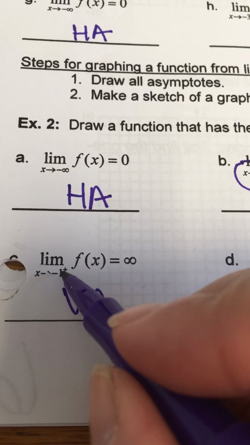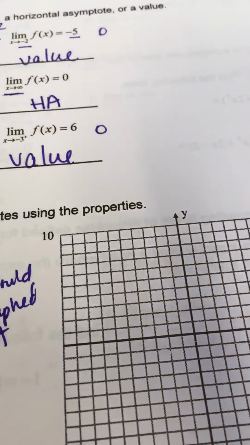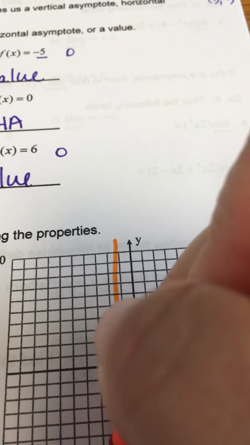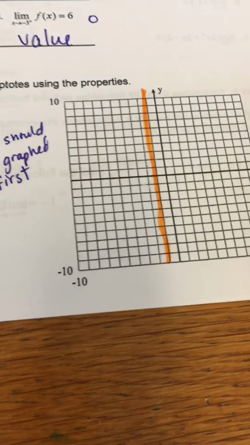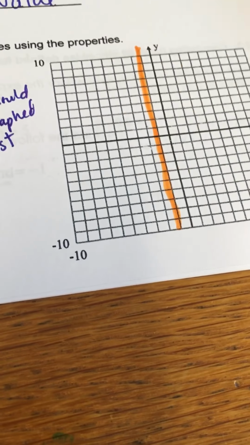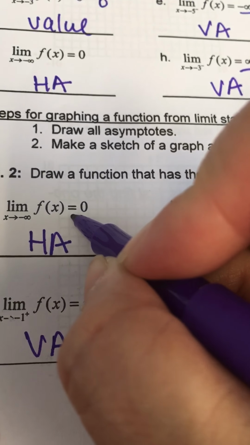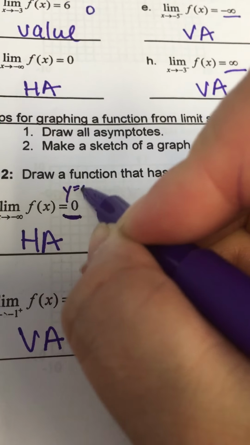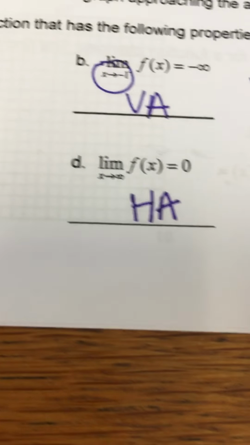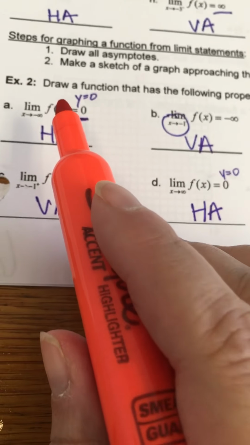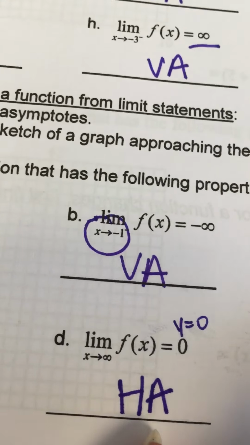So when we graph this, -1, my vertical asymptote is here. Now, my horizontal asymptote, it says the y value is at 0, so that's my horizontal asymptote. My vertical asymptote was at -1, but my horizontal asymptote goes through 0.